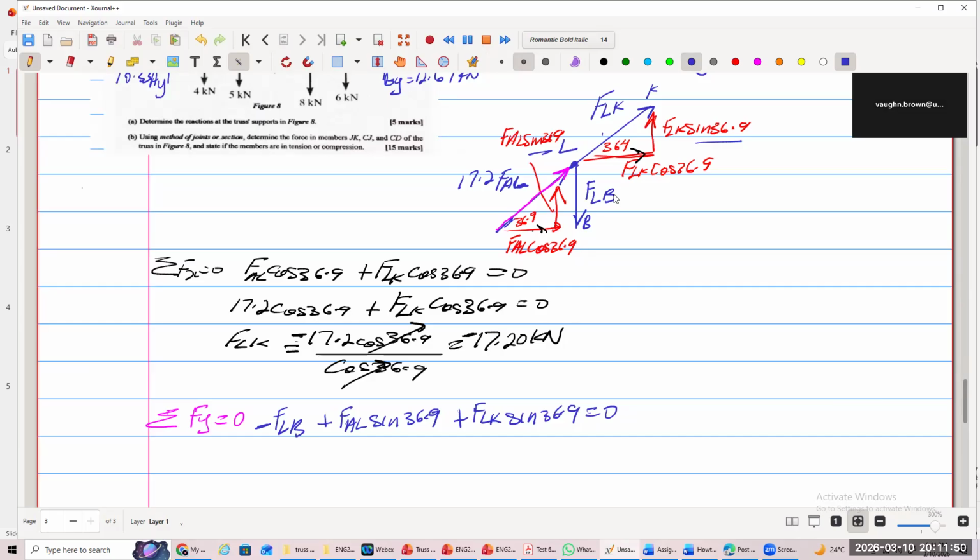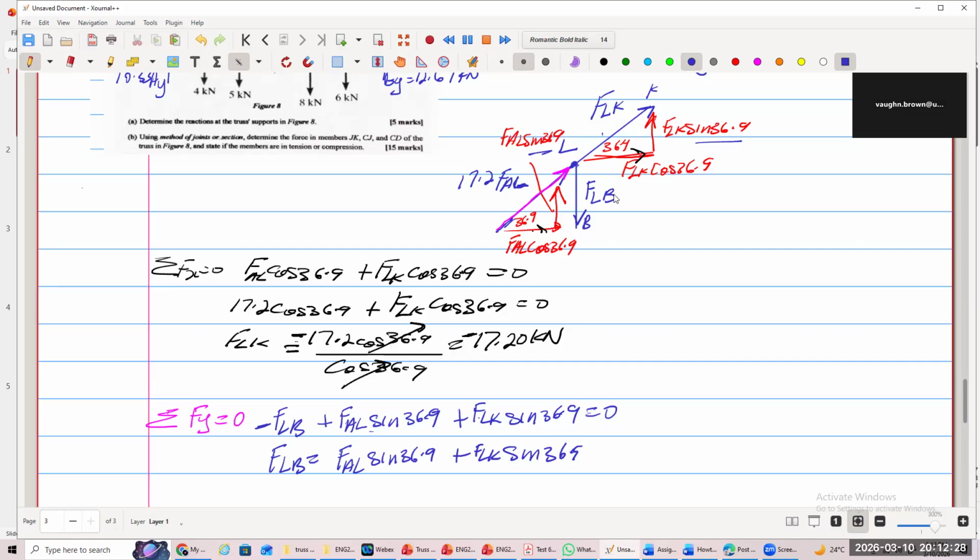All right. So we need FLB, which is going to be equal to the summation of these two. I just write them back because I carry that over to the other side: FAL sine 36.9 plus FLK sine 36.9. What is FAL now?